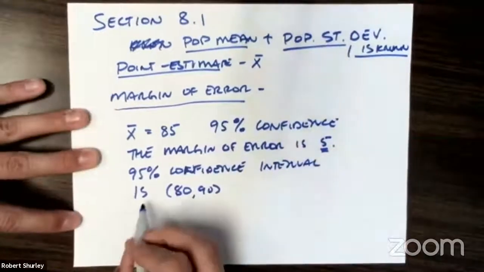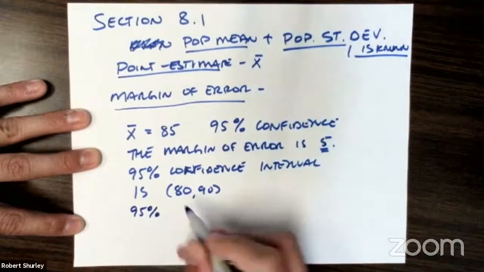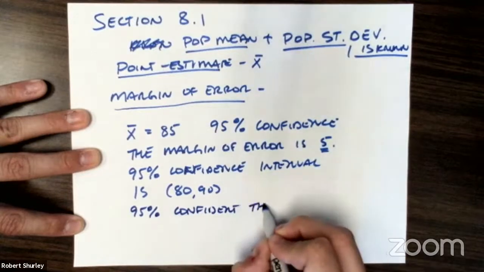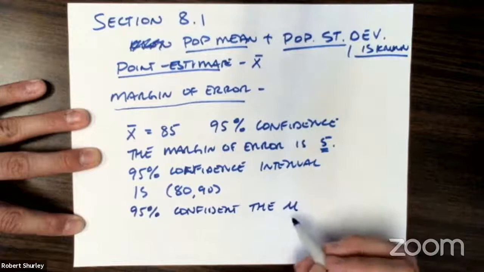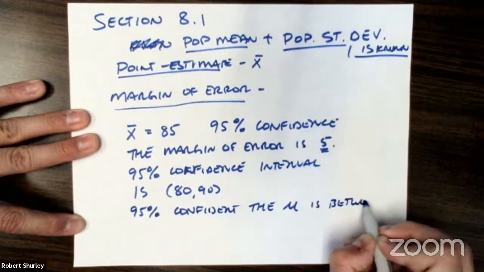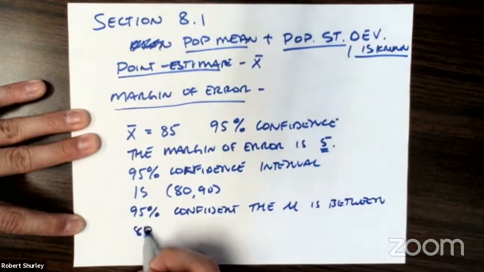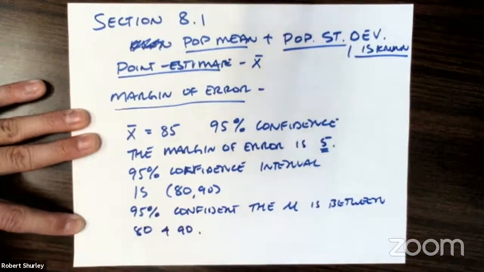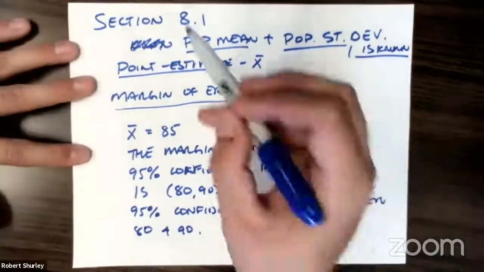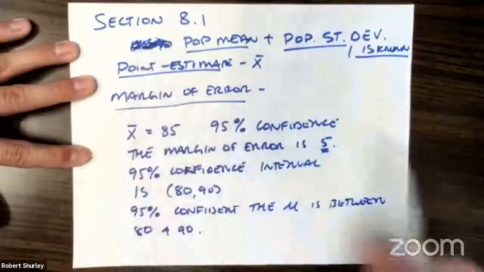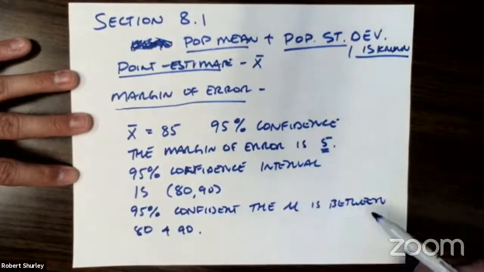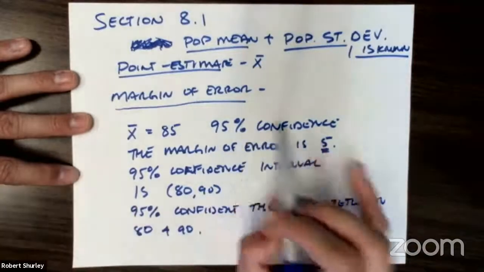What this means is we're 95% confident the actual population mean is between 80 and 90. We're 95% confident that the actual mean that we don't know. That's why I had to erase this up here, because we don't know the population mean. We're 95% confident that the population mean is between 80 and 90. That's what this tells us.